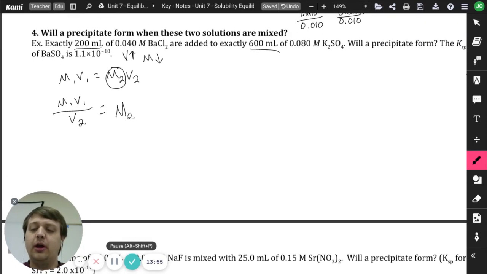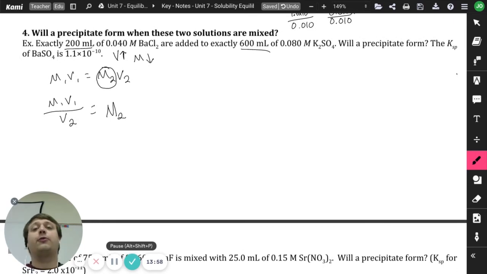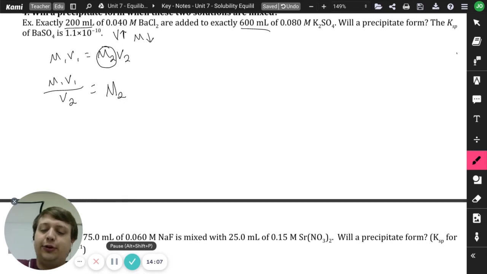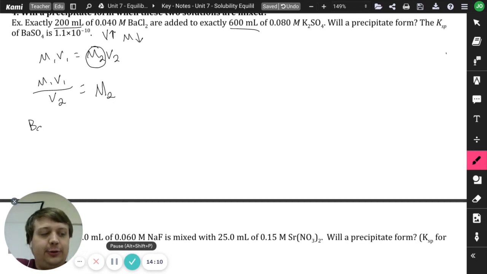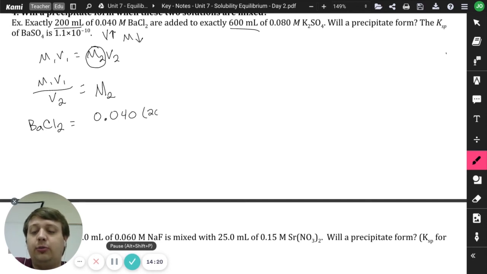Okay. So the very first thing that I need to do before I do anything else is solve for that new concentration. So it says exactly 200 milliliters of 0.040 molar BaCl2. So for BaCl2, M1 would be 0.040 times V1, which is, we started at 200 milliliters, divided by my final volume.